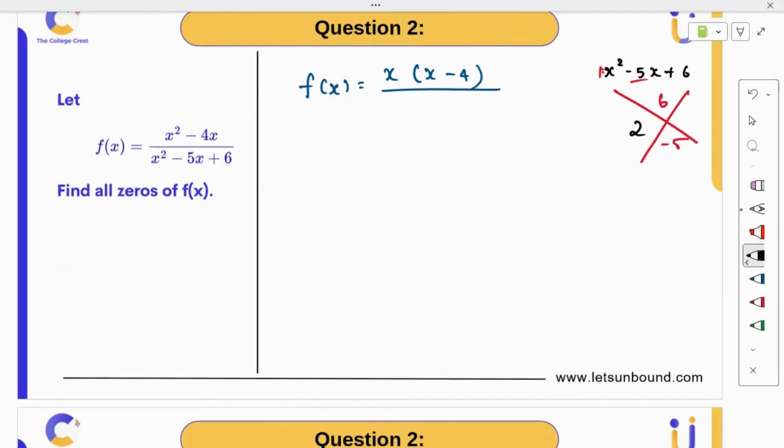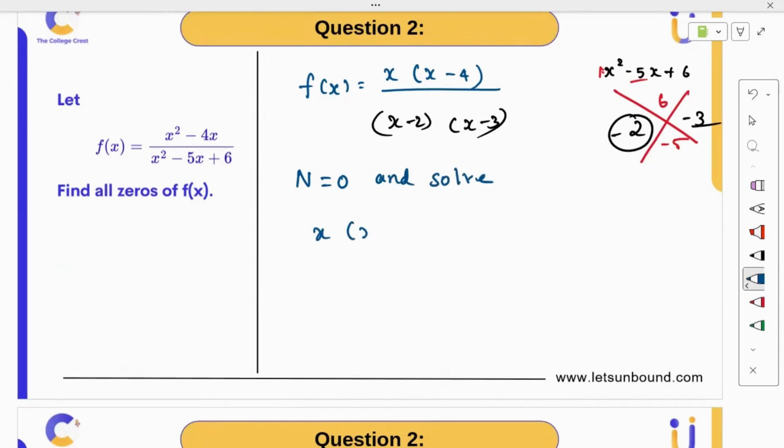Yeah, this might work. Give both minus. So how will you write the factors? x minus 2 and x minus 3. Now try to divide out any common factors. No common factors. So we can directly set the numerator to 0 and solve.